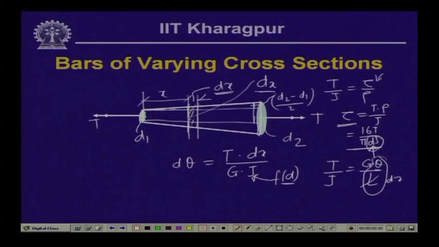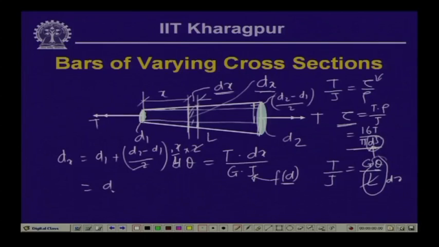So, the length d x, the diameter d suffix x, is equal to d 1 plus (d 2 minus d 1) by 2 times x by L, if L is the length of this bar. Since we will have to add this side plus this side, that is twice of that, so this 2 will get cancelled.